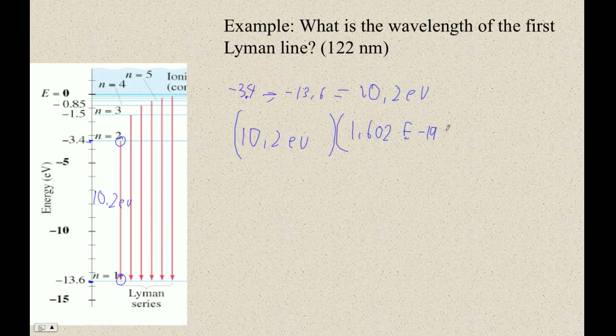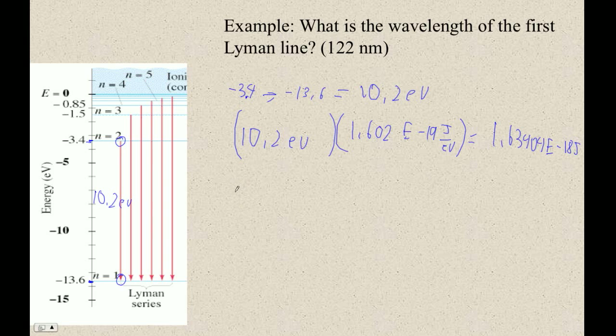This is joules per electron volt. So 10.2 times 1.602 E minus 19 is 1.63404 E minus 18 joules, right?